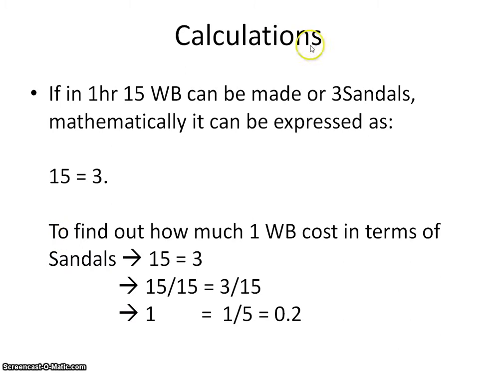This calculation shows us how we can find the cost per unit of one. So 15 wristbands can be produced in an hour or 3 sandals. Therefore, if I chose to produce only one wristband, how many units of sandals would be given up? Based upon the calculation, we give up 0.2 units of a sandal.